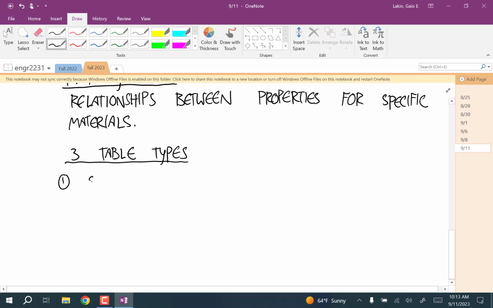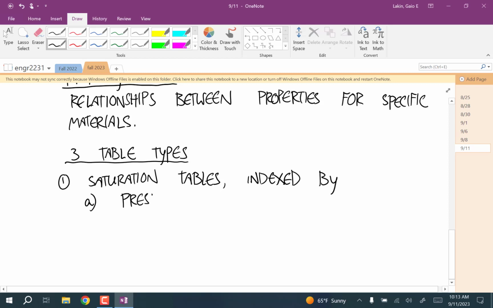The first one is saturation tables. We're going to use these for saturated liquids and saturated vapors. These can be indexed by pressure or temperature.